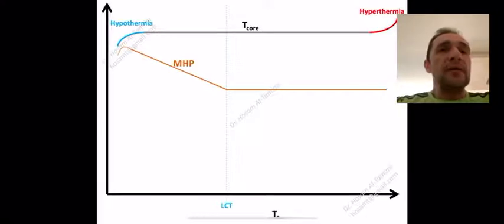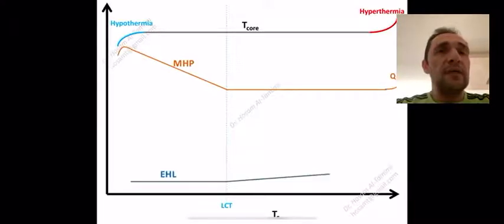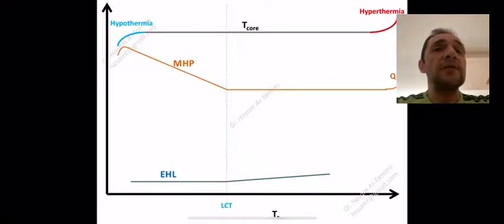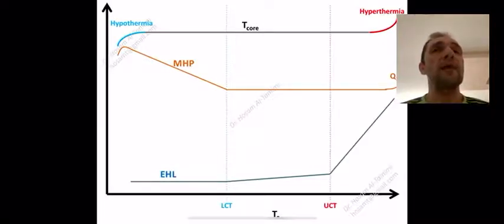Now, on the other side, if the ambient temperature is exceedingly rising beyond the tolerable ranges, the body starts relying on evaporative heat loss pathways, and it will start sweating and or panting, and these two routes emphasize the importance of the evaporative heat loss.